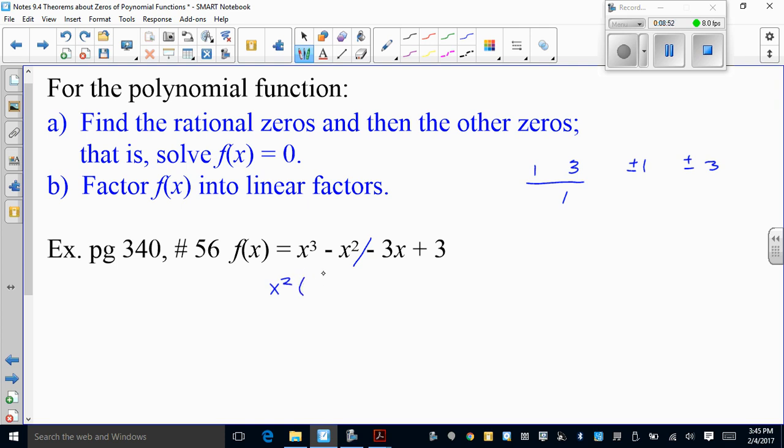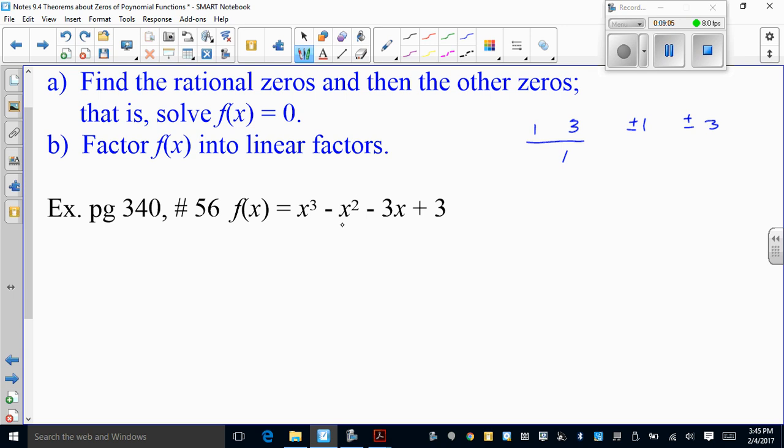Actually, let's go back. I reread the directions and they're wanting you to use the rational zero thing. So they really kind of want you to test these. And since I don't know what it is right offhand, let's try a positive 3, because 3's got to be in the mix somewhere.